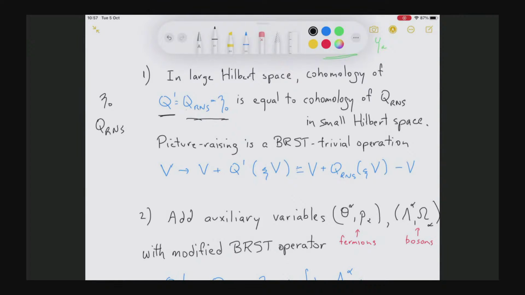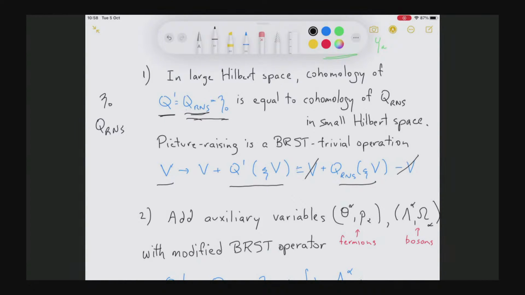Now, if you work in a large Hilbert space and use this Q prime, you can understand picture raising as a BRST trivial operation in the following sense. If I start with a vertex operator V in one picture, and I add to it Q prime of C times V, the term QRNS, when it acts on this, just gives the picture raised version of V. Whereas eta 0, when it acts on this, just gives you minus V. So this cancels this.